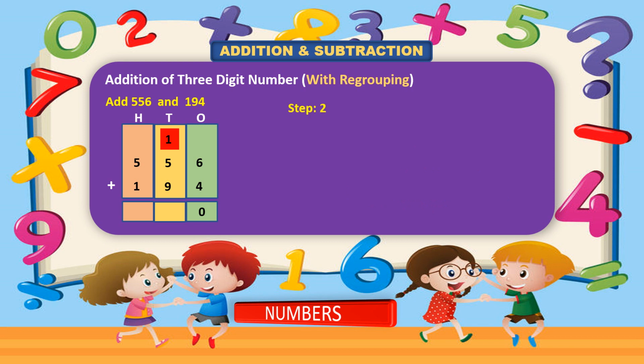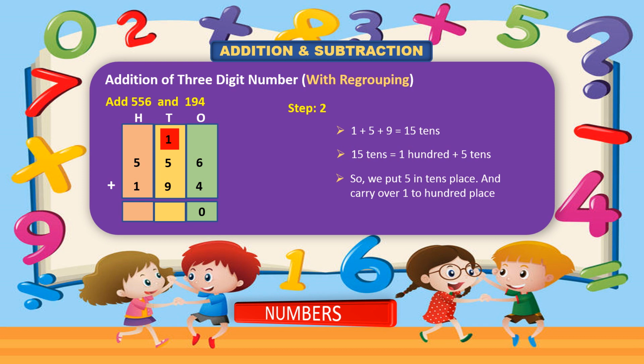Step 2. 1 plus 5 plus 9 is equal to 15 tens. 15 tens is equal to 100 plus 5 tens. So we put 5 in tens place and carry over 1 to 100 place.